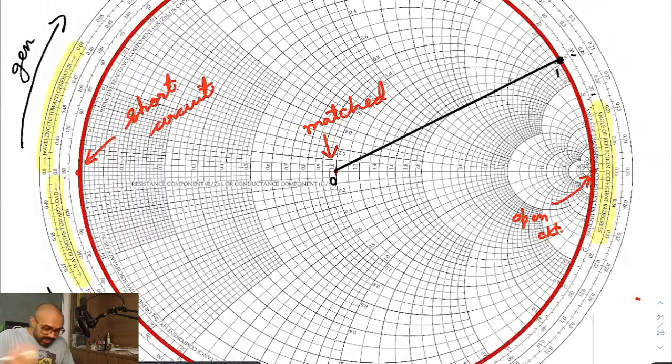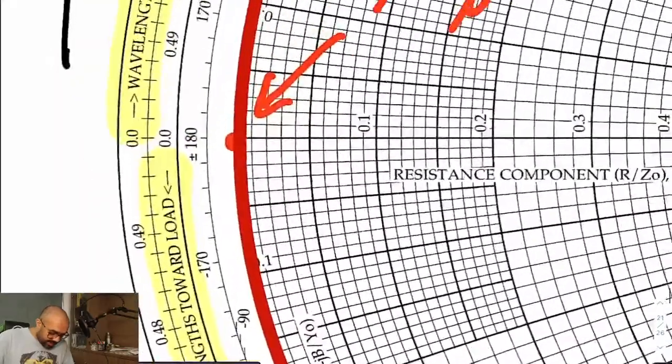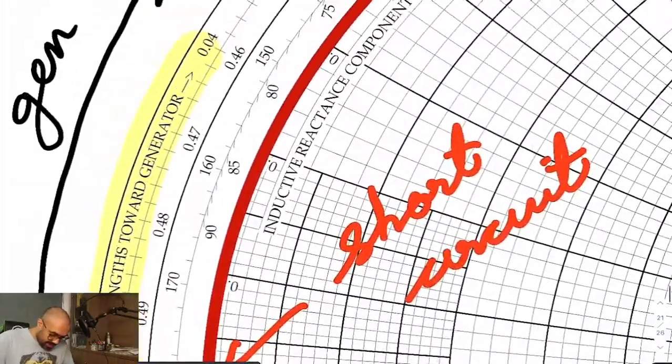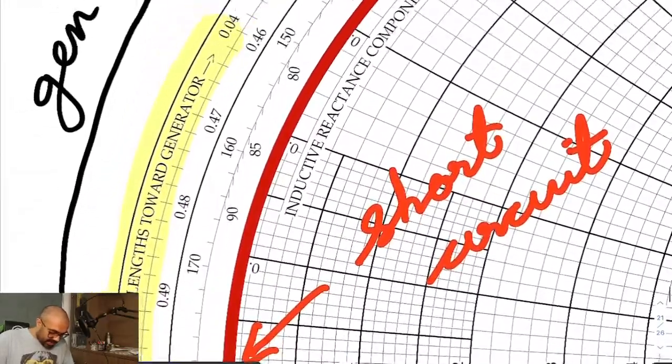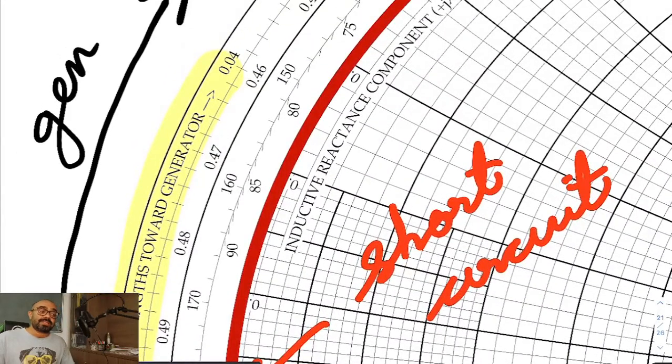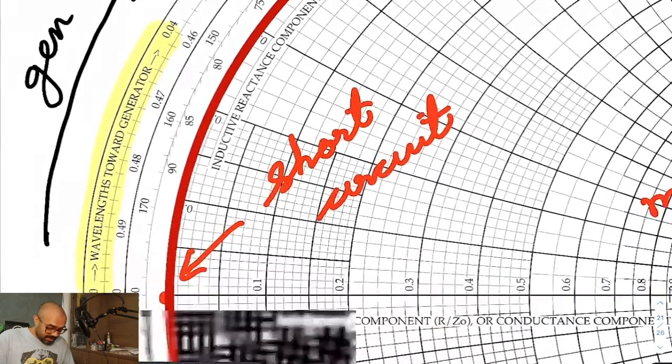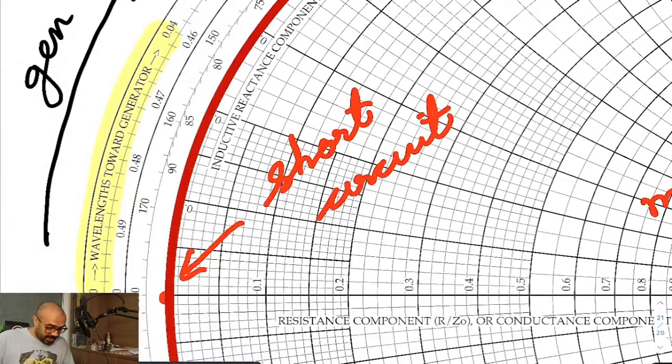If you are moving towards the generator, we need to use the first, outermost scale. As you can see here, it goes in the clockwise direction, as we saw earlier. This is the clockwise direction for towards the generator, and the scale is given in terms of wavelengths. If you recall, everything repeats on the transmission line with half a lambda period, so we don't really need to go further than half a lambda.